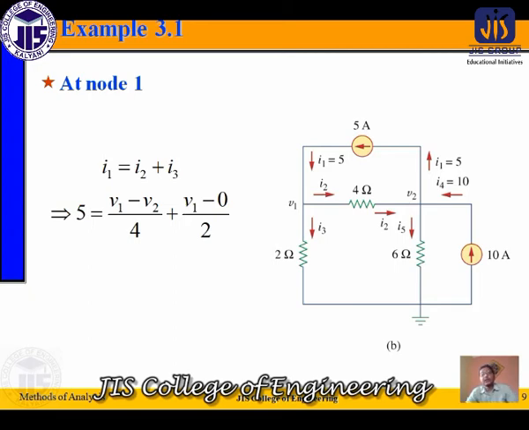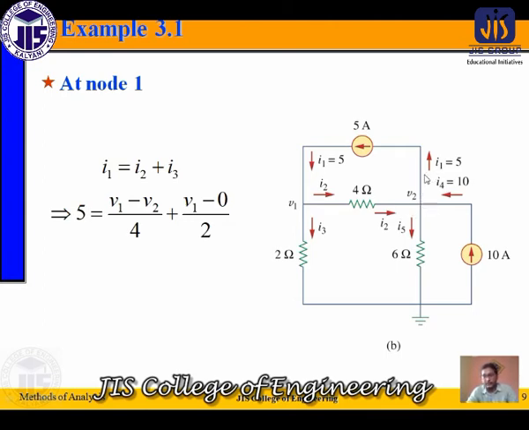Okay. Similarly for node 2, where the voltage is V2, where the 4 branches meet together, we have put the currents. We have already considered the I2 current through this 4 ohm resistance is left to right, so I2 current will be left to right. And for the upper branch's current, we have already considered for node 1 that I1 current is coming into node 1, so obviously this I1 current is coming out from node 2.